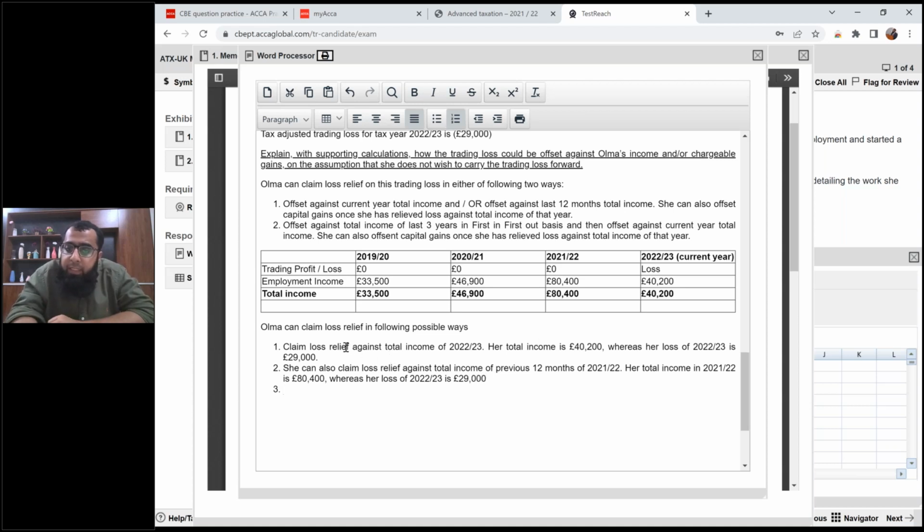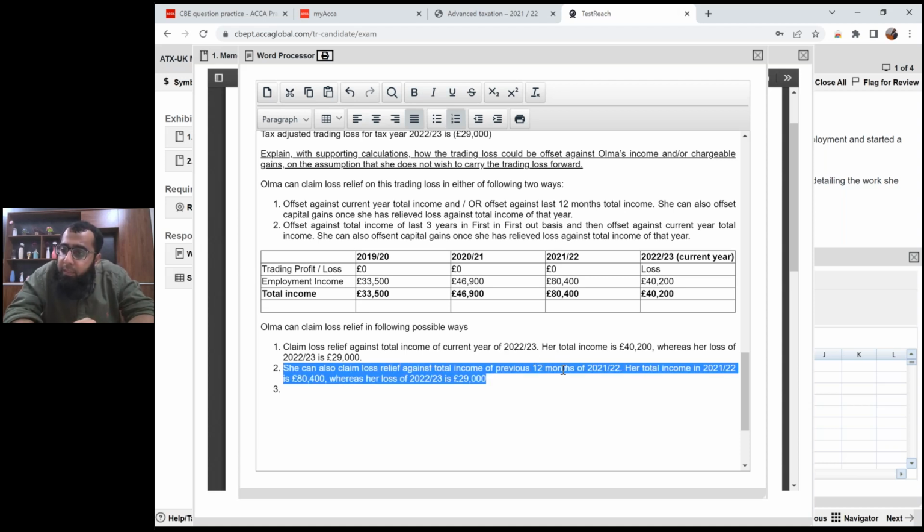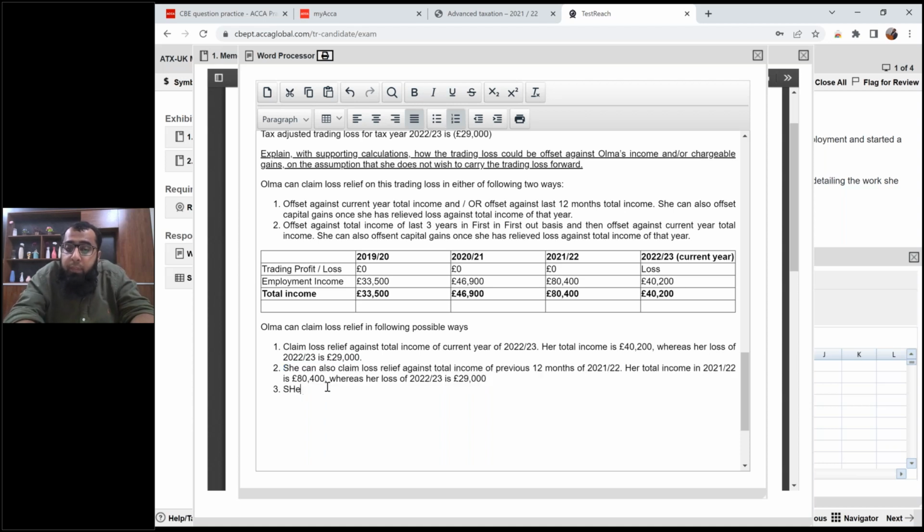She can claim against the total income of the current year of 2022-23, or she can go back 12 months.